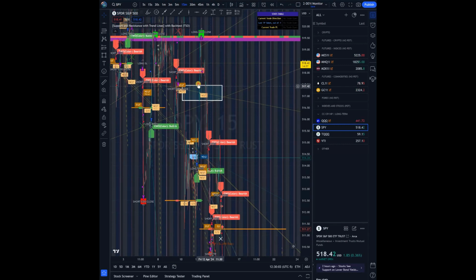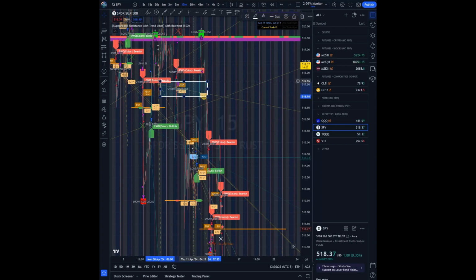See, in here it's valid. This is where the trend line starts from, and the invalidation bus is still within the range.